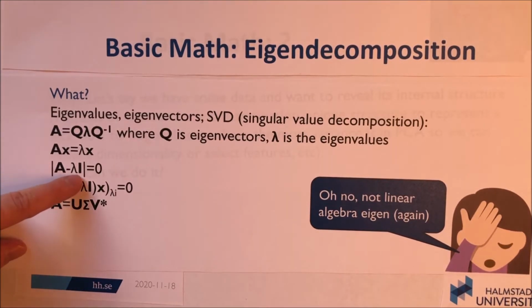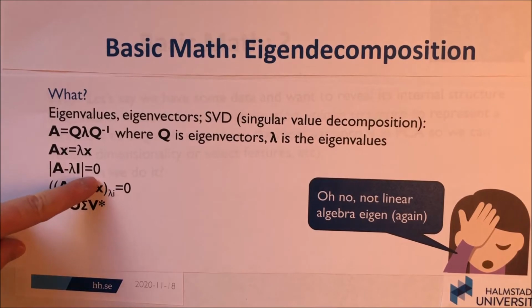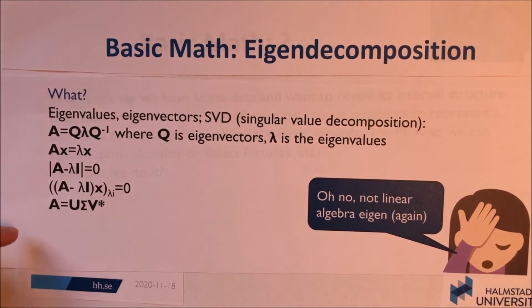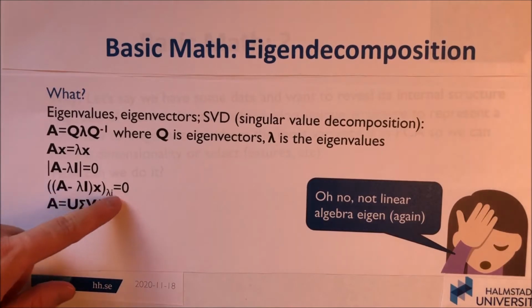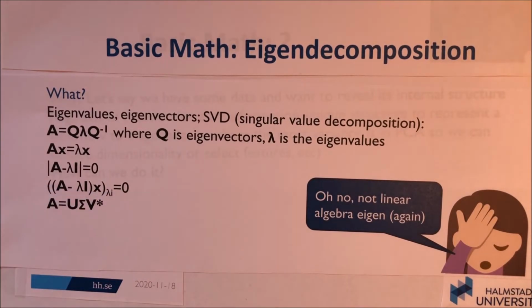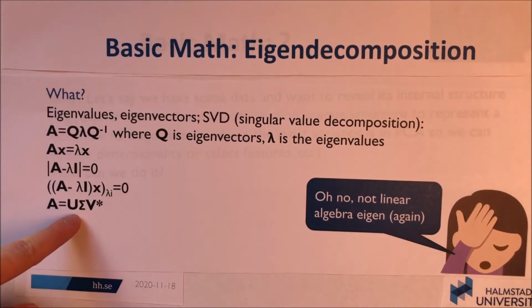We find the determinant of the matrix minus this lambda times the identity matrix, set it equal to 0 and then solve for lambda. And then for each lambda that we find, we can plug it in and again set this equal to 0 and find the eigenvectors that satisfy that. And this is the singular value decomposition over here.